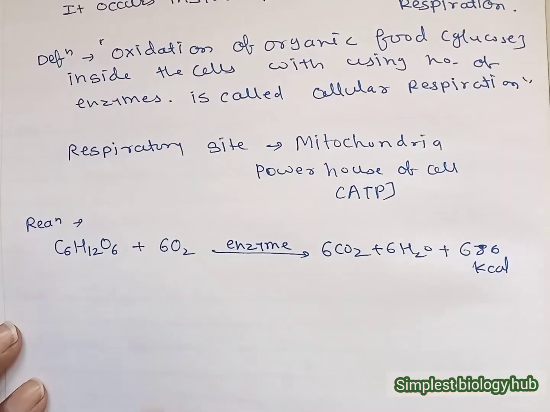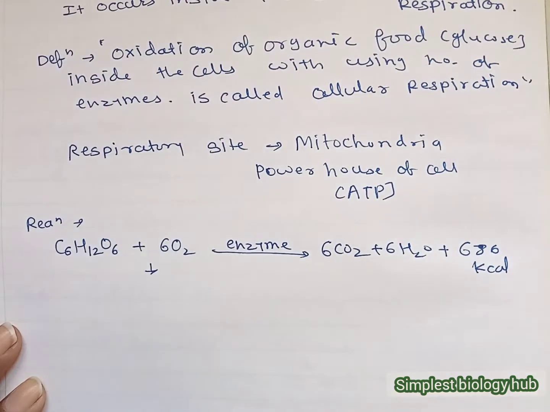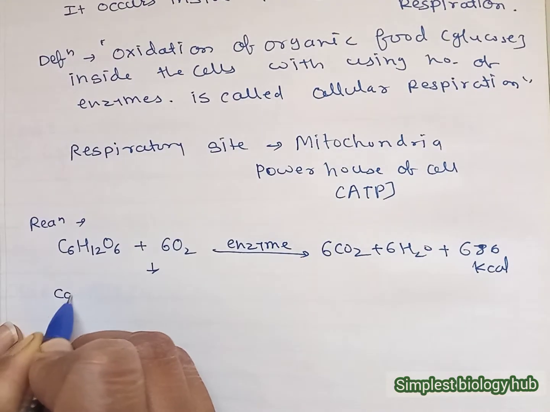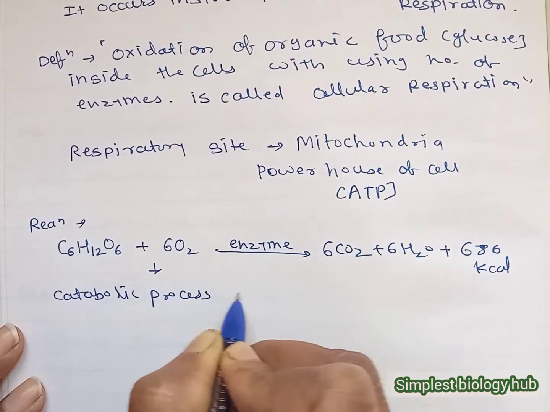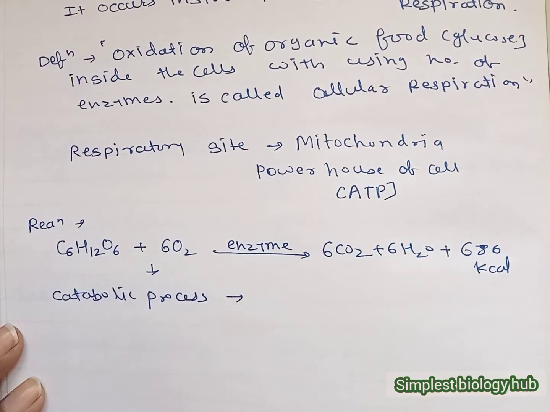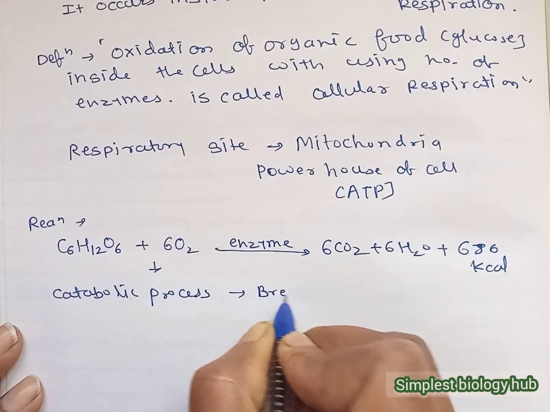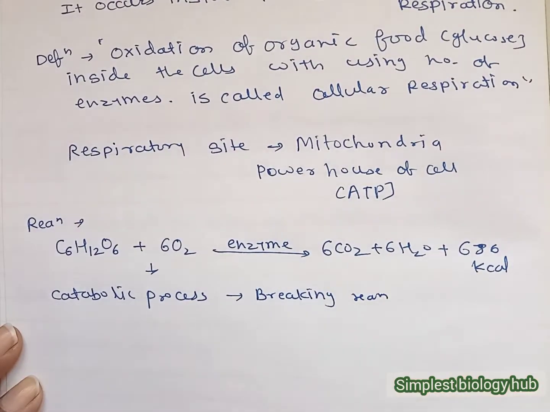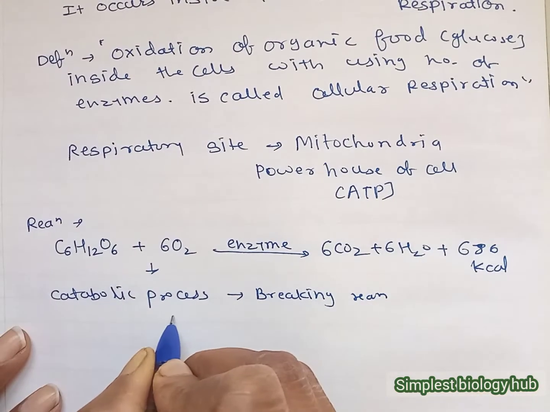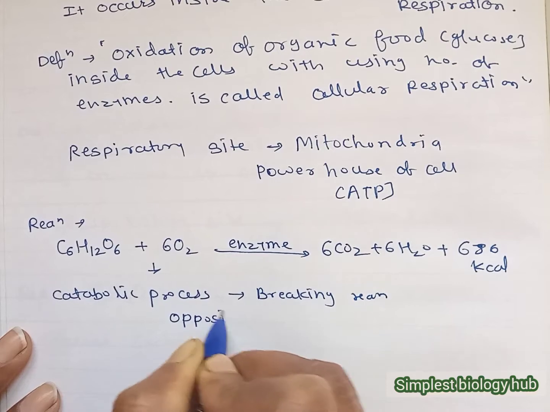Okay, what type of reaction is that? When the question arises like that, then it is a catabolic process or catabolic reaction, and a catabolic reaction is nothing but the breaking of something, a breaking reaction, which we also call the decomposition reaction, and it is opposite to photosynthesis.